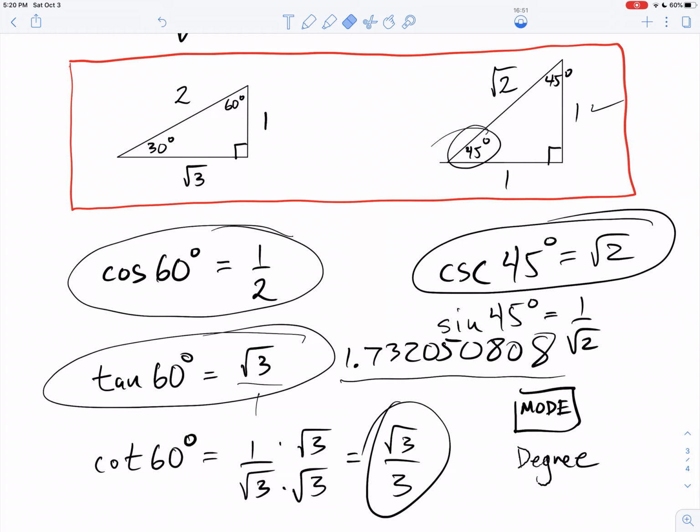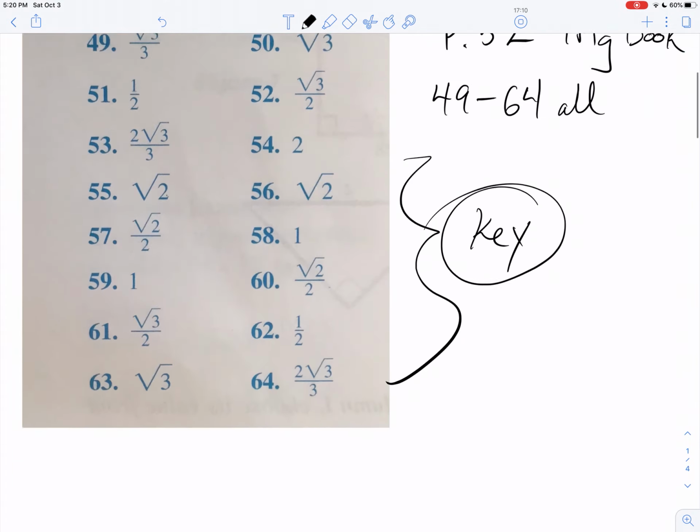These guys here are called reference triangles. We refer to them to get our answers. That's why they're called reference triangles. Now, this is the assignment. Whoop, I want to get a black pen. Okay. Look it up here.